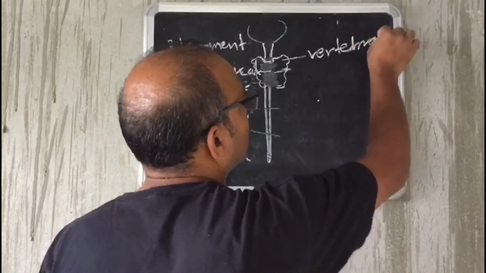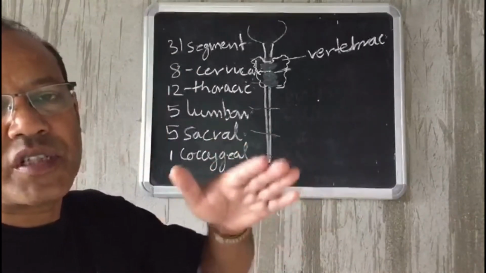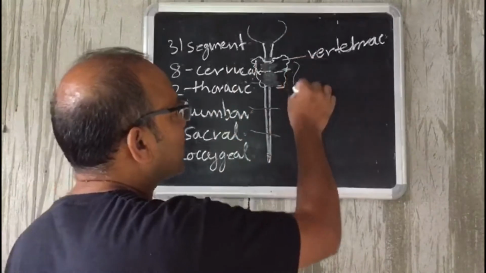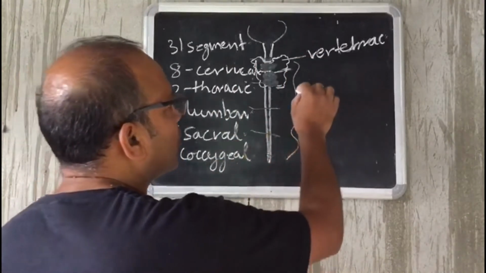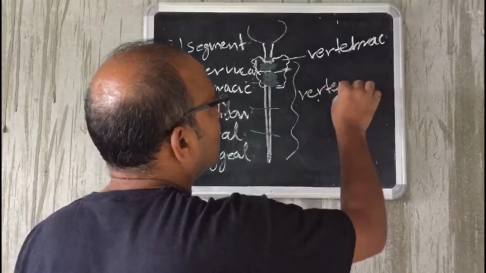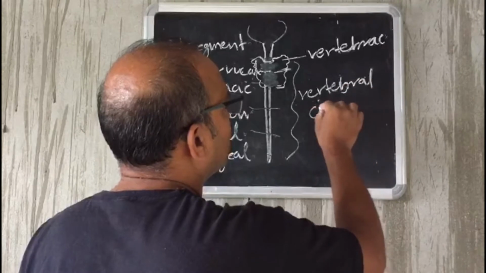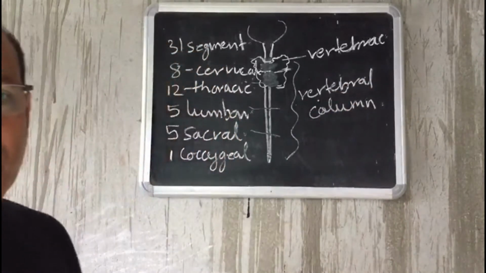Number of vertebrae are stacked one on top of the other, and it makes up a column. So the entire bony covering that protects the spinal cord is called the vertebral column.